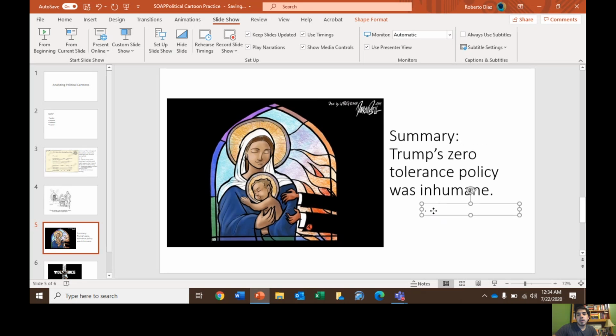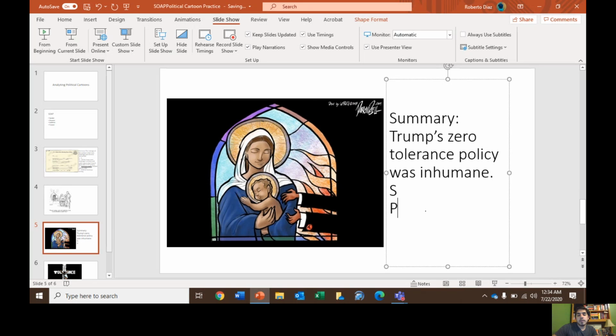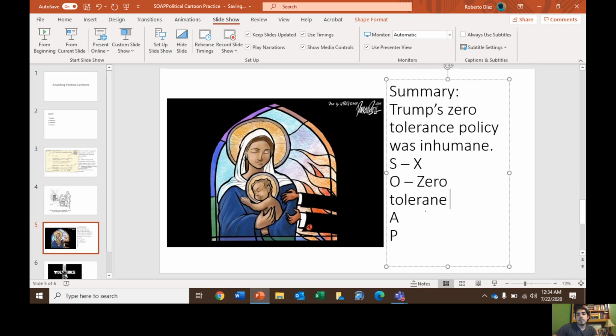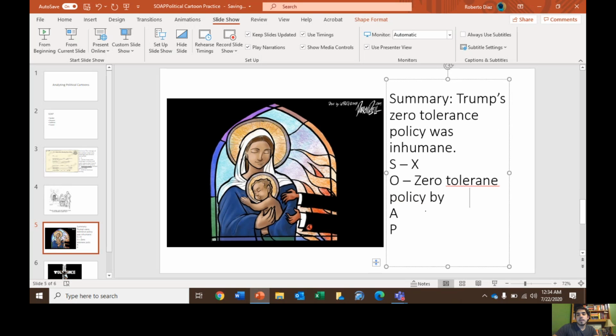And then if we go into SOA, the speaker doesn't matter as much, as we discussed. The occasion would be all that stuff that I just described, zero tolerance policy by Trump.